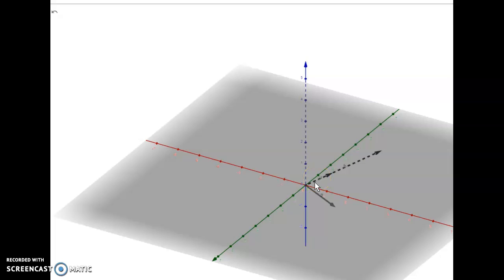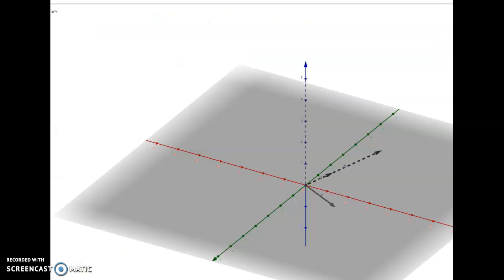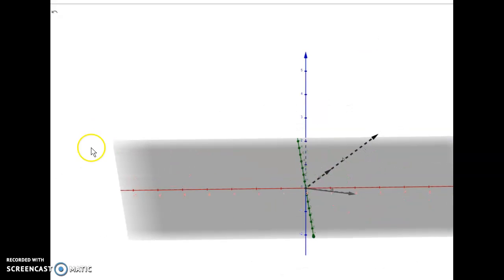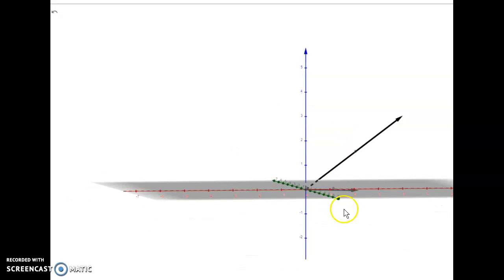Alright, let's look at the next one. Now they want us to find the same thing, scalar projection and vector projection, but now it's not A onto B, it's A onto C. Let's change it. Now we have A and C. They want us to find the projection of A onto C, so like B before, it should be along this line.